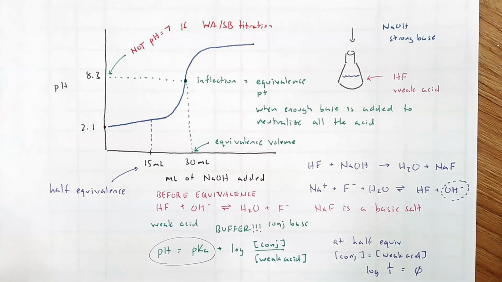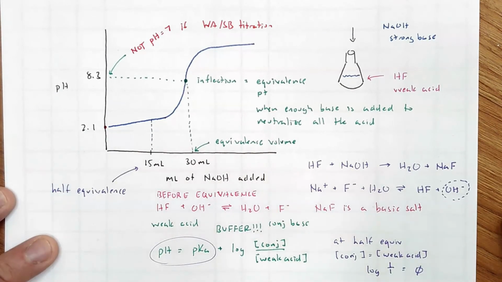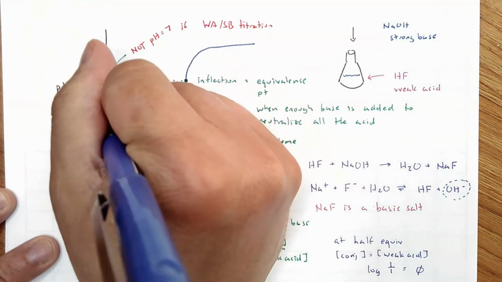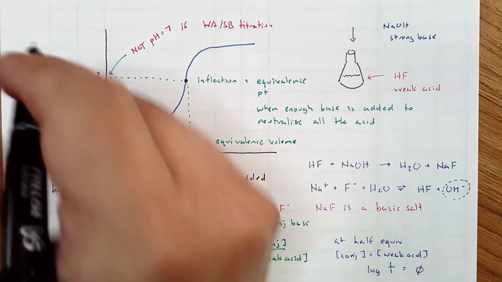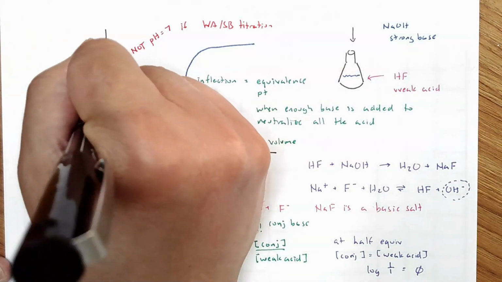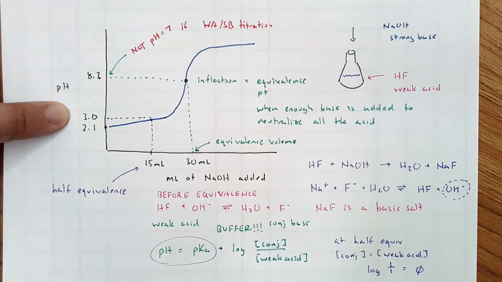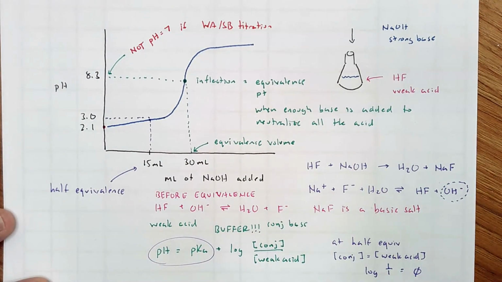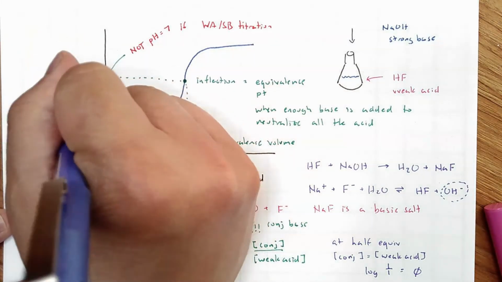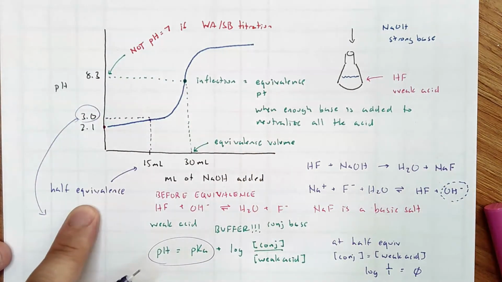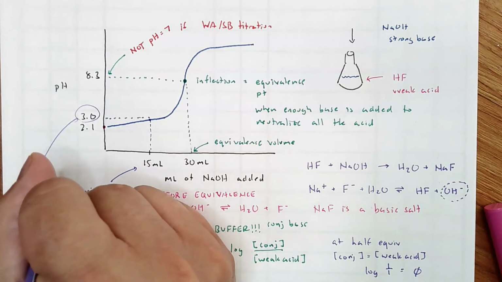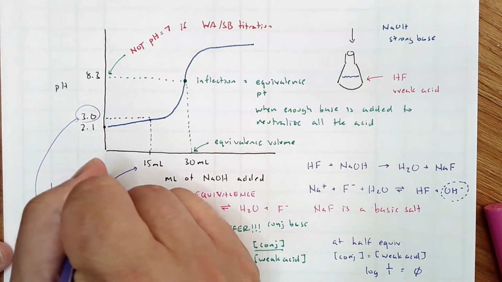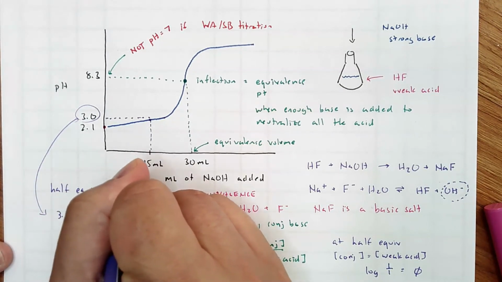I know that was a lot to digest. Look at the graph. We have a pH. Okay, so let's say that rise to around, I don't know, 3.0. That is the pH, but pH equals pKa. From this number right here, which is at the half equivalence, the pH at half equivalence, 3.0 equals pH, but it also equals the pKa.